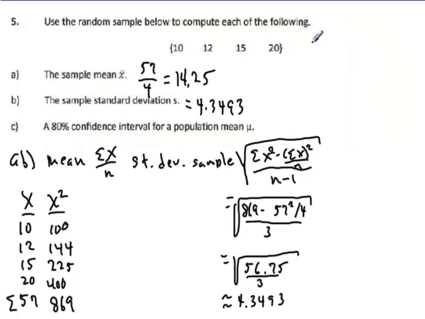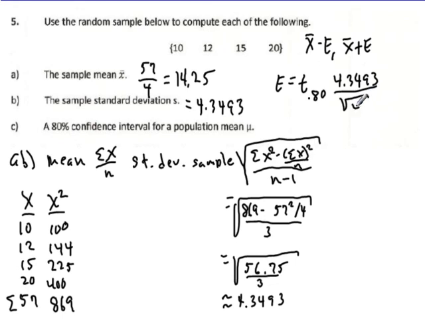So our confidence interval is x bar, which is our 14.25 minus E, x bar plus E. E is equal to TC, or in this case t.80, times S, standard deviation, which we got as 4.3493, divided by root n. N is 4. So we just need to look up t.80 on our t-table with n minus 1 degrees of freedom. So that would be 3 degrees of freedom.